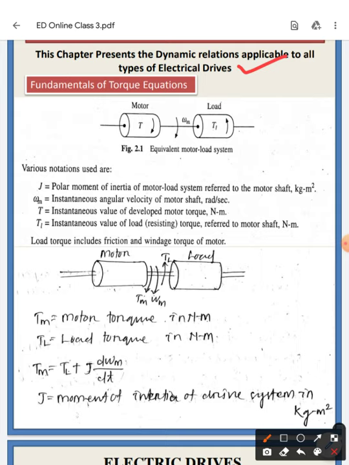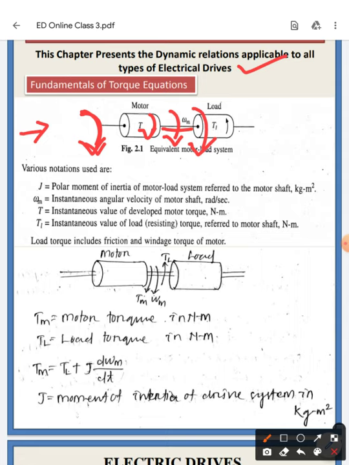Okay, so the first one is the fundamental torque equation. So what is the fundamental torque equation? Let us consider a motor connected to a load, right? The motor shaft is connected to the load, and the motor is rotating in this way. If I am seeing from this side, the motor is rotating clockwise, so obviously the shaft will rotate clockwise, and now the load will rotate clockwise.